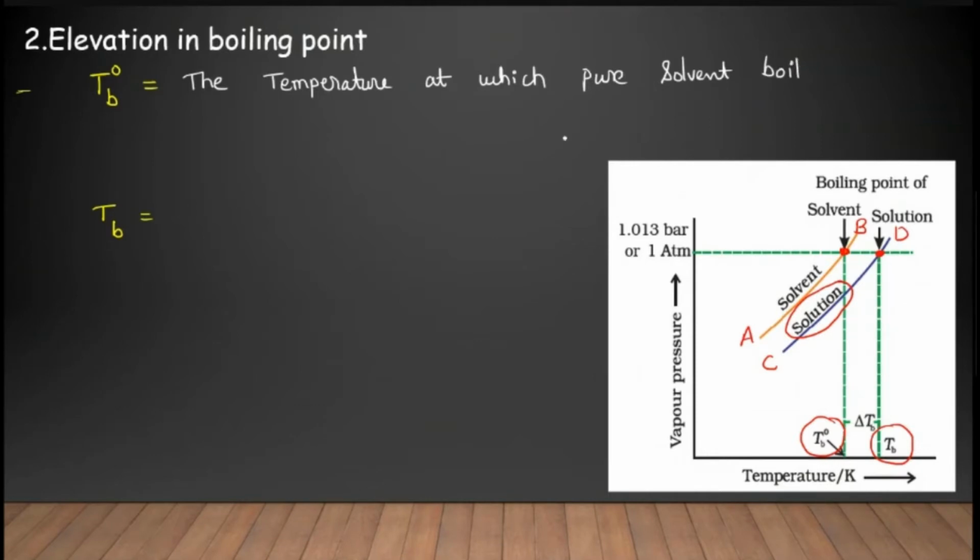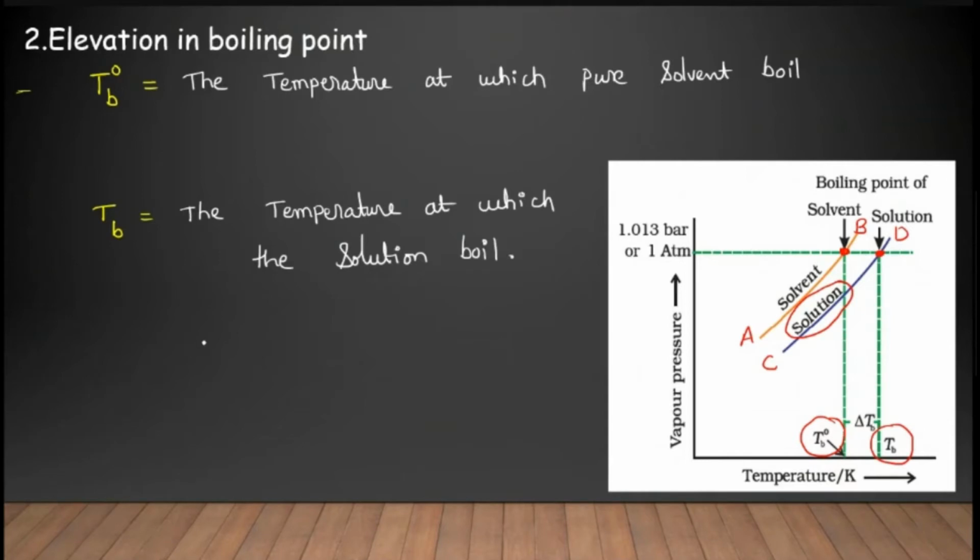Okay. TB is the temperature at which the solution boils. Okay, so that is the difference.